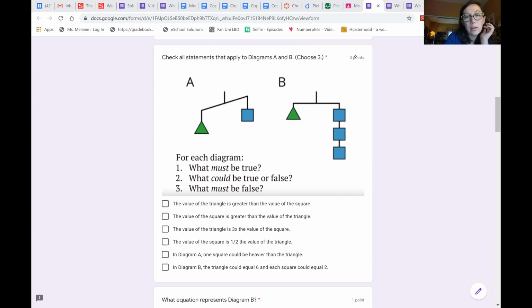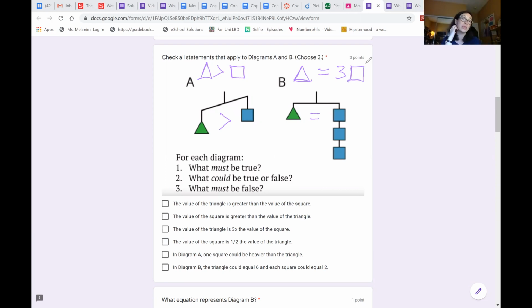The triangle is greater than the square in diagram A. And then in diagram B, the triangle is balanced or equal with 3 squares. So we have a triangle greater than a square for A, or the triangle is equal to 3 times the weight of each square for B.